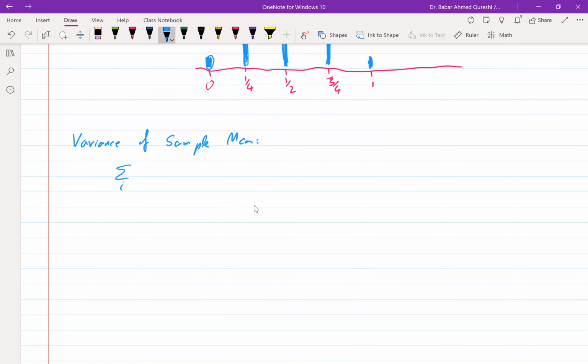Take all possible values of the sample mean, subtract from it the expectation value of the sample mean, which is mu, which is the population mean, square it, multiply it with the probability of getting this particular sample mean. Variation of the sample mean.